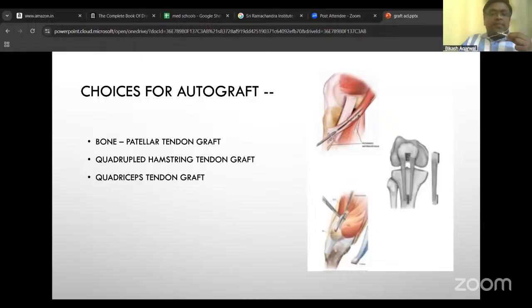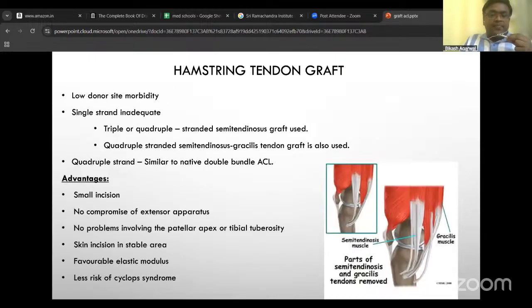So, the choice of the graft, we have the bone patellar tendon graft, the quadruple hamstring tendon graft, and the quadriceps tendon graft, which could be with the bone or a plain soft tissue quadriceps tendon graft. Now, the hamstring graft. This is probably the most common graft used for ACL reconstruction.